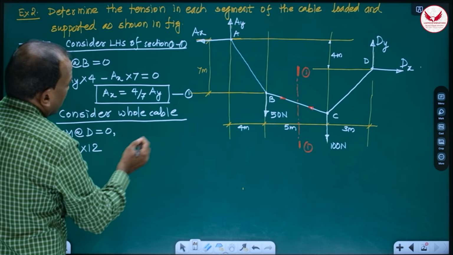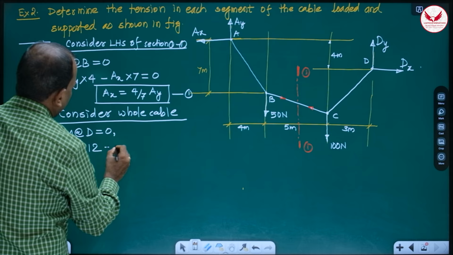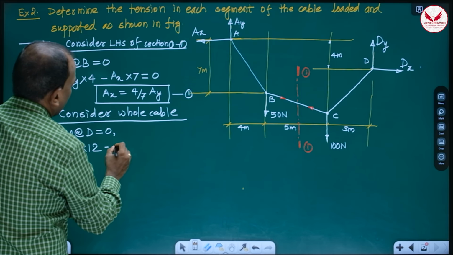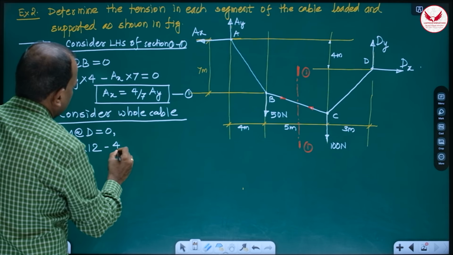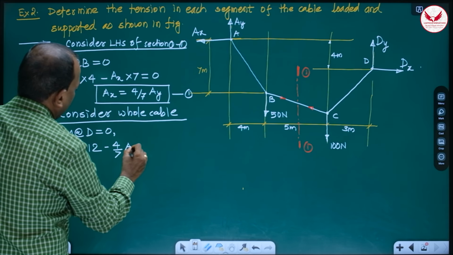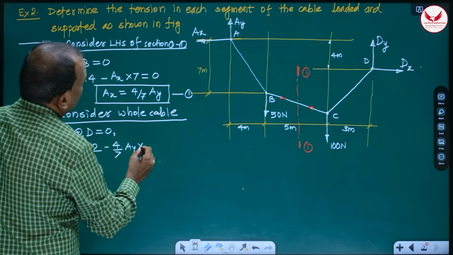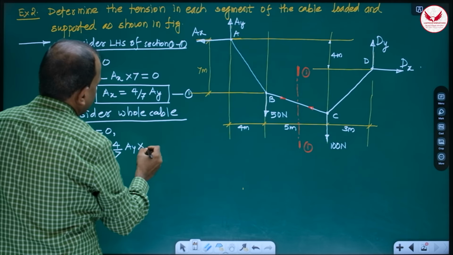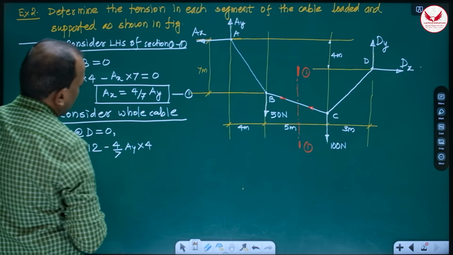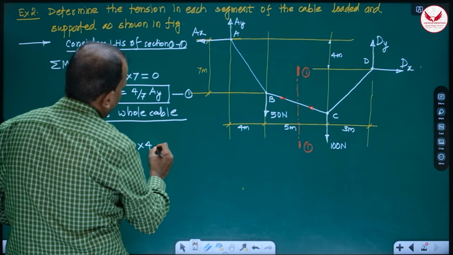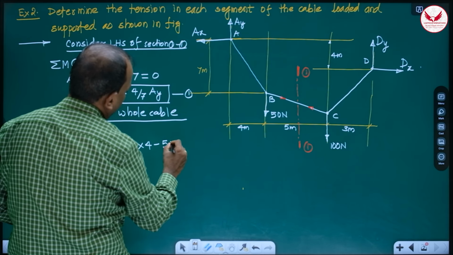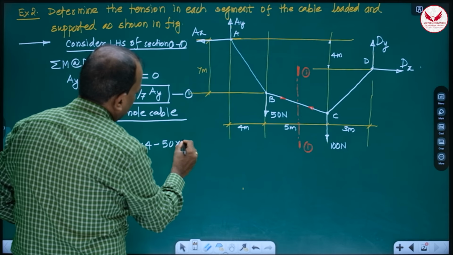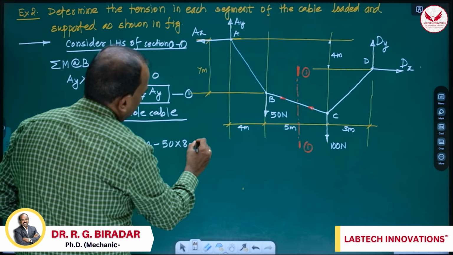AX's moment is anti-clockwise, minus 4 by 7 AY into that vertical distance 4, minus 50 into 8, minus 100 into 3.